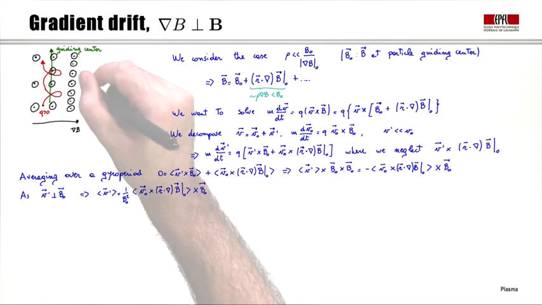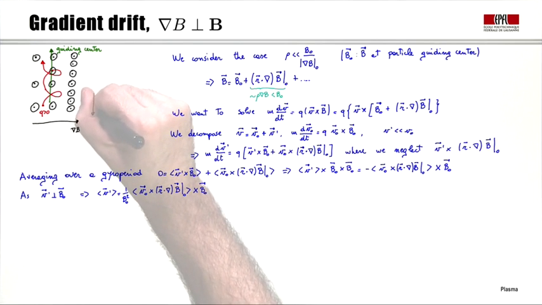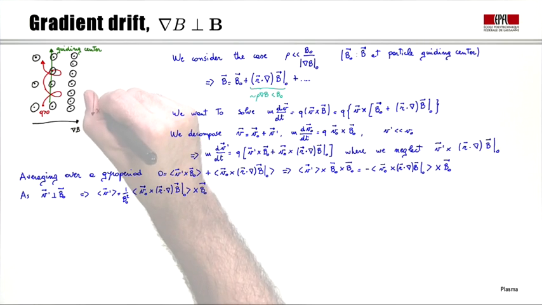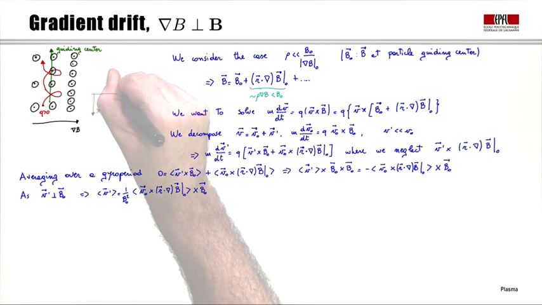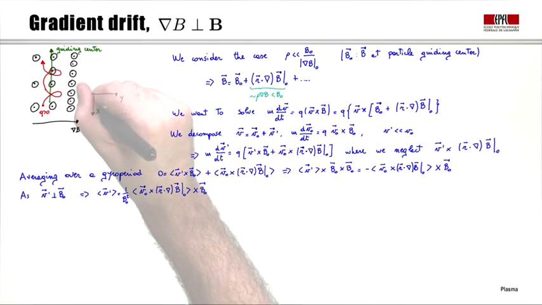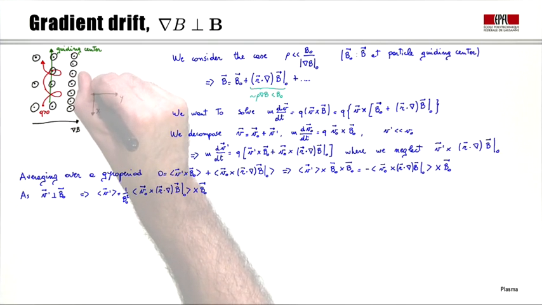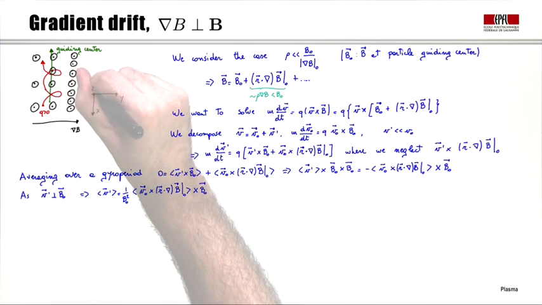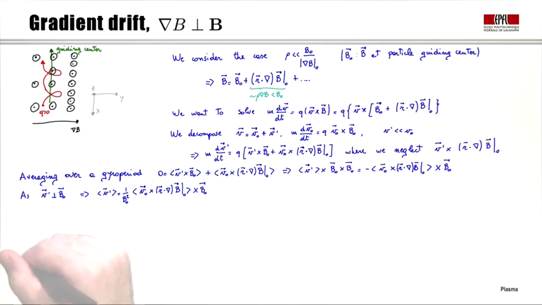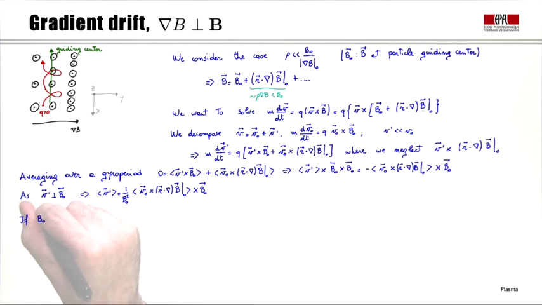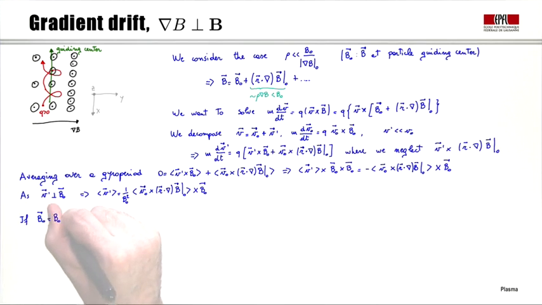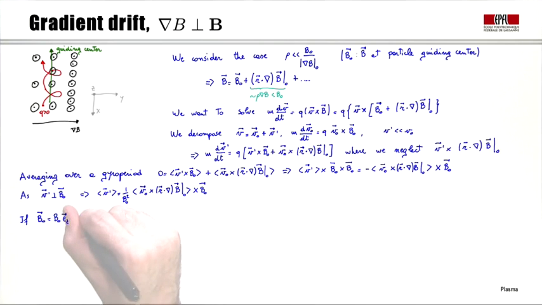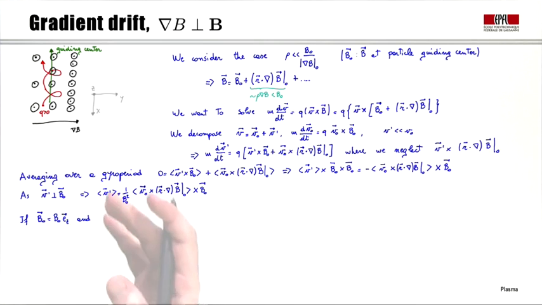Now, to make things a bit easier, let's fix some axes. We will put a system of coordinates with the x direction pointing downwards, the y direction here, and the z direction pointing in the direction of the B field, outwards from this plane. Therefore, B0 is equal to B0 ez, as it is in the z direction, and similarly this term here, V cross R dot grad B, is in the z direction.